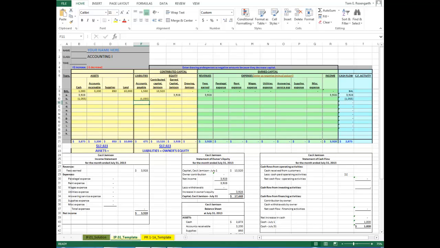As we enter the transactions, you can see the account totals here are updated, and there is a check to assure that assets equal liabilities plus owner's equity.